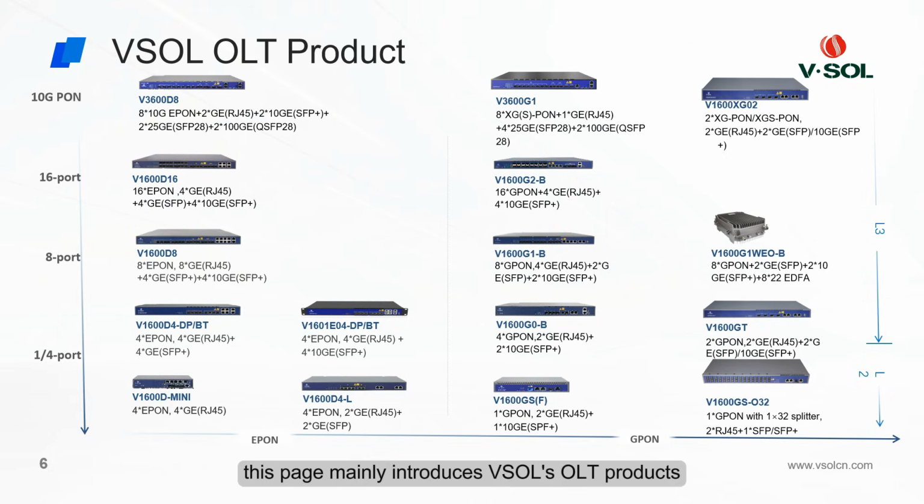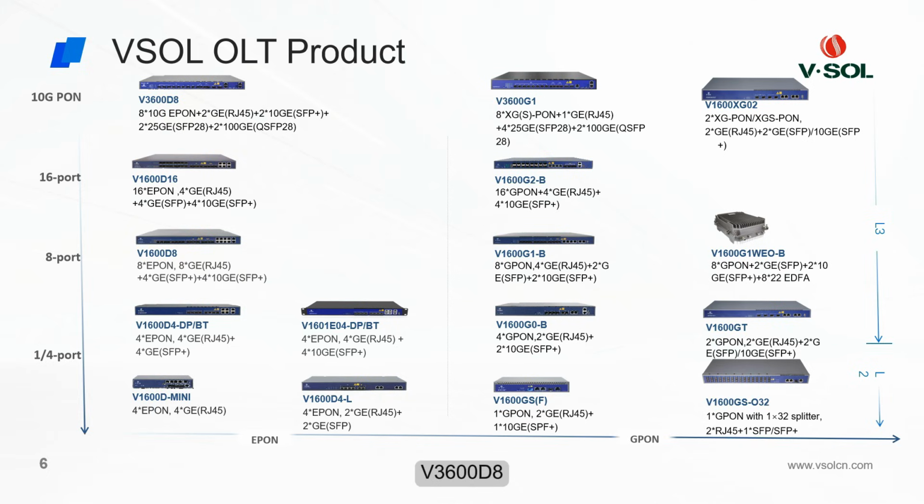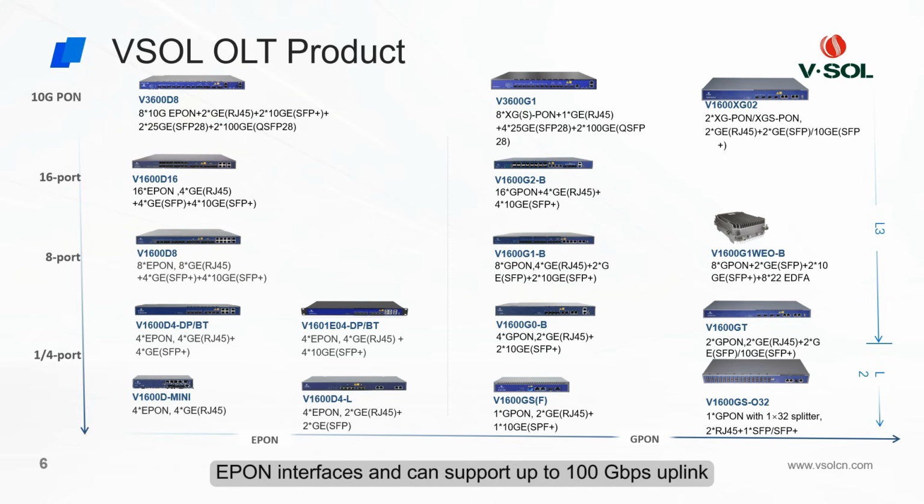This page mainly introduces VSOL's OLT products, which, as can be seen from this picture, are mainly divided into 10G GPON OLT and EPON OLT. At present, there is only one 10G EPON OLT, V3600D8, which provides 8 10G EPON interfaces and can support up to 100 Gbps uplink.